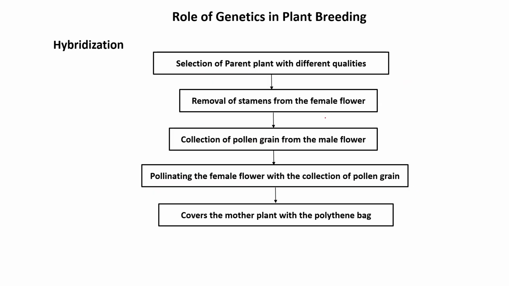So here we have different steps to remember. Selection of the parent plants with the different qualities, and removal of stamens from the female flower, so there is no more contamination by other pollen grains. Okay, then the collection of pollen grains from the male flower, that is also selected.